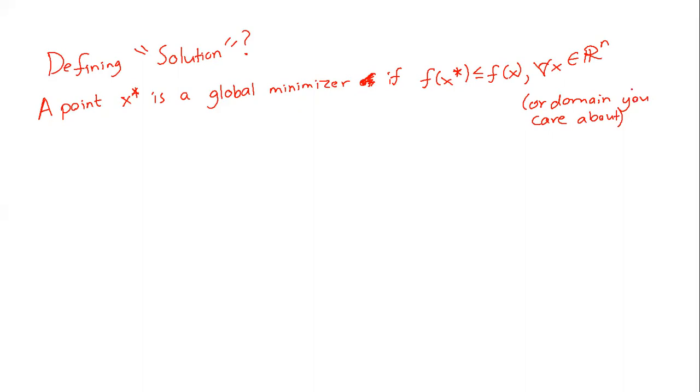Right now, since we're considering it unconstrained, it should be over all of R to the n. But as the person designing the optimization problem, maybe you say, oh, well, the following design minimizes my cost, but the temperature would be 1000 Kelvin. Maybe you didn't put any constraints on this because you didn't want to complicate your problem, but you really don't care if there's a smaller value at 10,000 Kelvin, something like that.